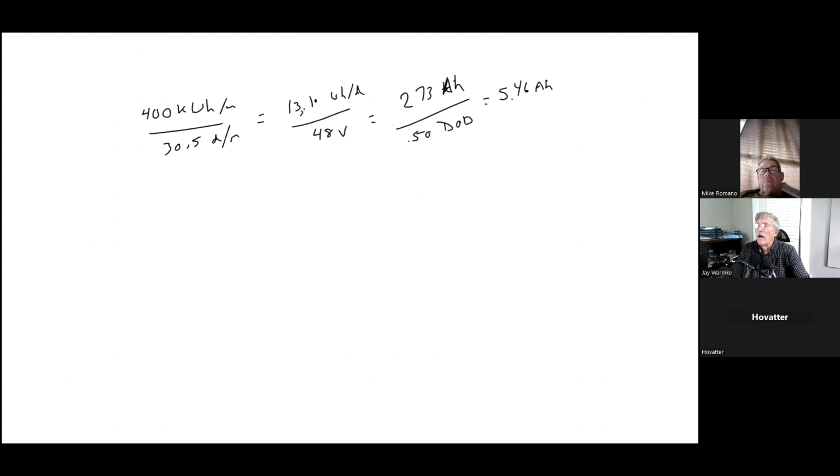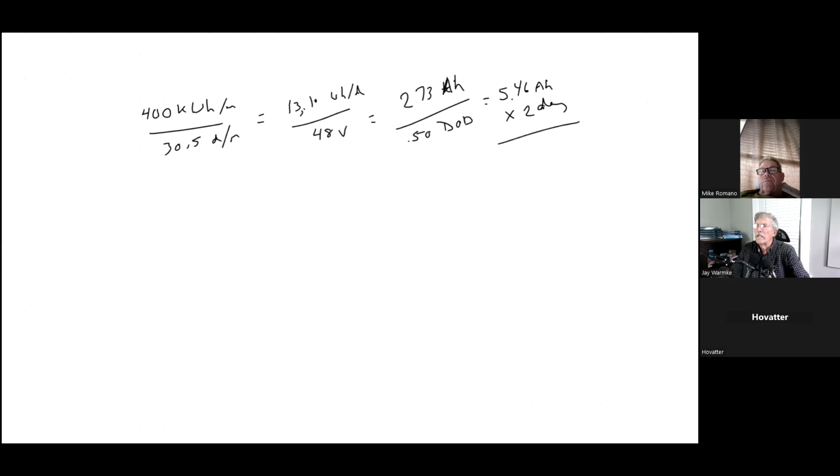Now, how many days of autonomy do I want? Well, this is all designed for 1 day. Let's say it's a weekend hunting cabin, so I might want 2 days of autonomy. That would be that I'm using this system without any solar coming in to replenish it.